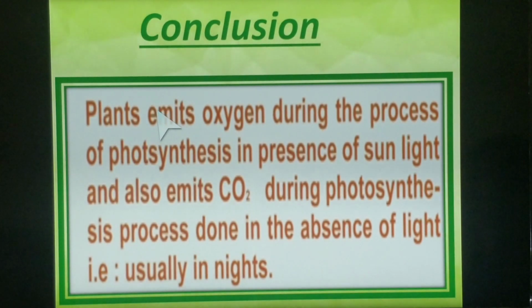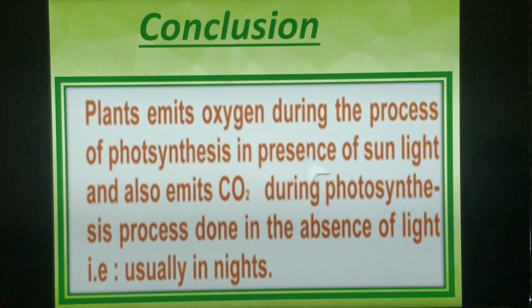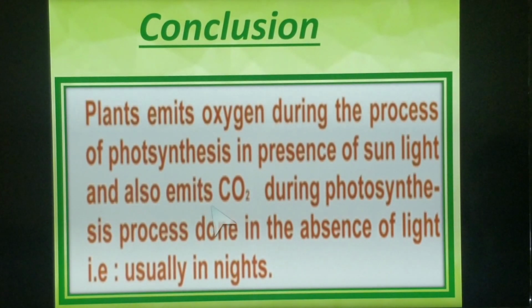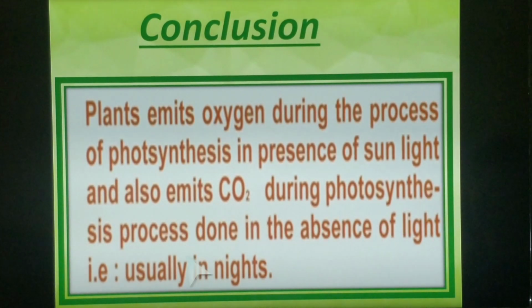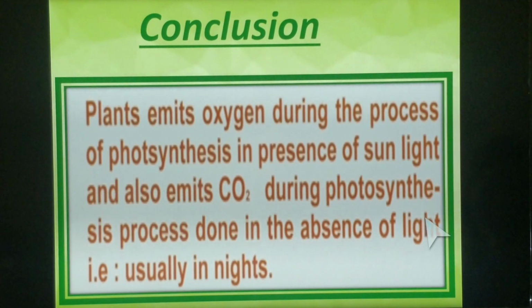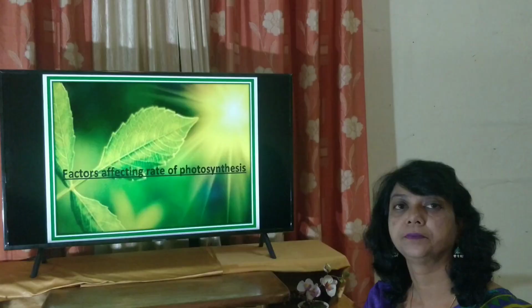Or what conclusion do we get from this? We conclude that plants emit oxygen during the process of photosynthesis in presence of sunlight, and also emit carbon dioxide during the process done in the absence of light, that is usually in nights.